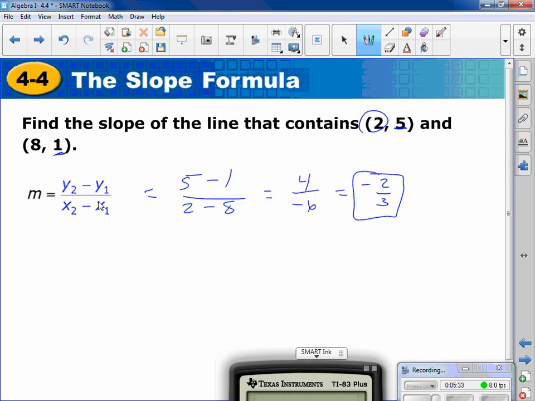Even if I would have picked the other way, 1 minus 5, 1 matches with 8, 5 matches with 2. 1 minus 5 is negative 4, 8 minus 2 is 6. We still get the same answer. The negative on the top, the bottom, or out front, it's all the same thing.